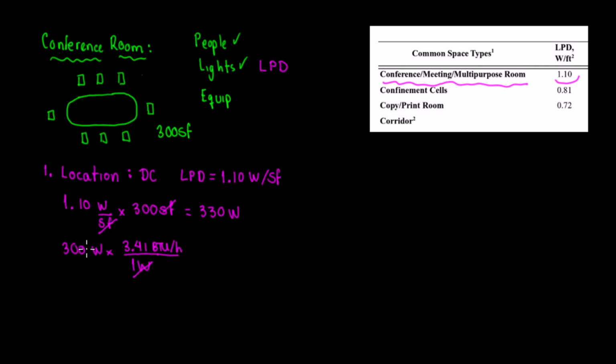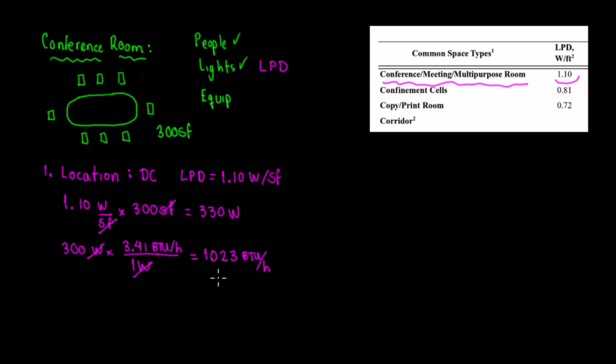Okay, so watts go away, and this is going to be equal to 330 times 3.41. That's going to give me a total value of 1023 BTUs per hour. There we go. All right, there we go.